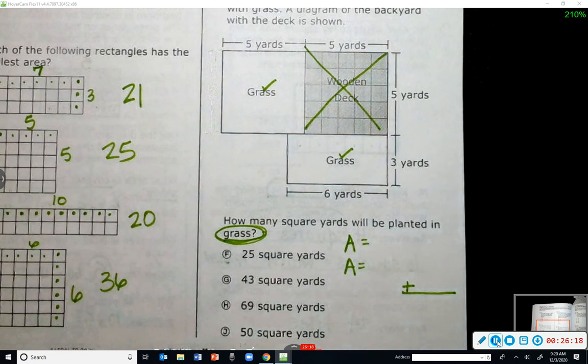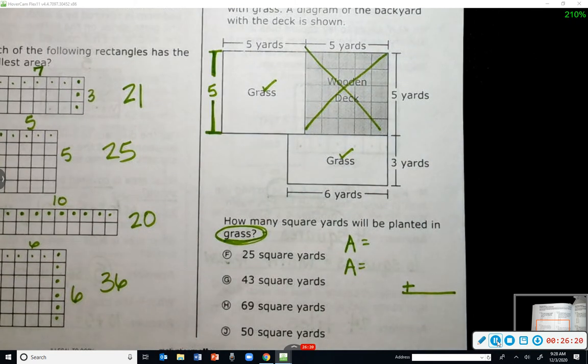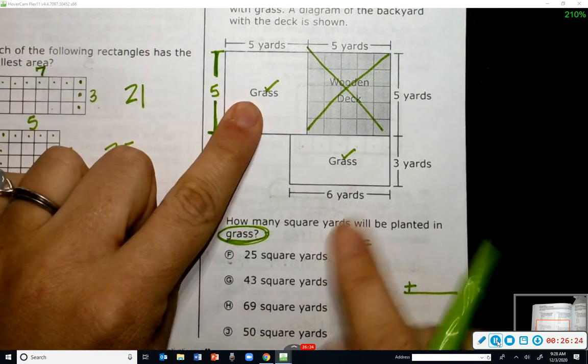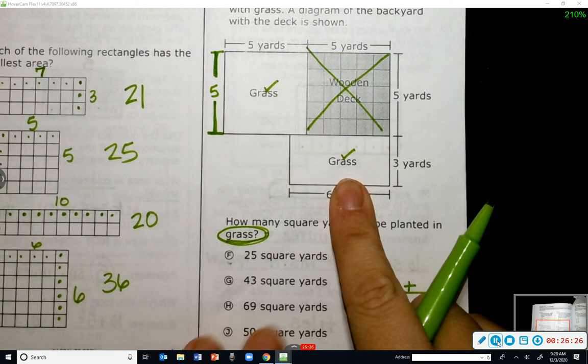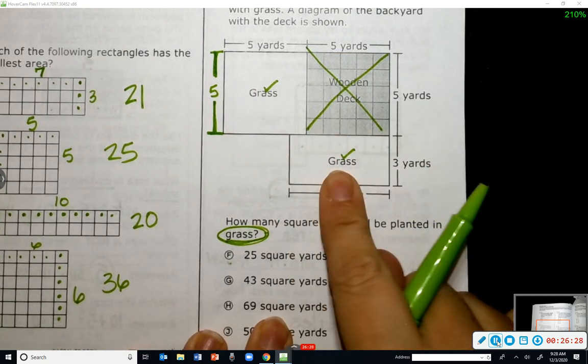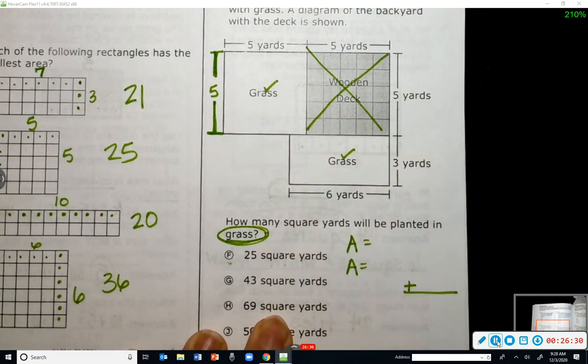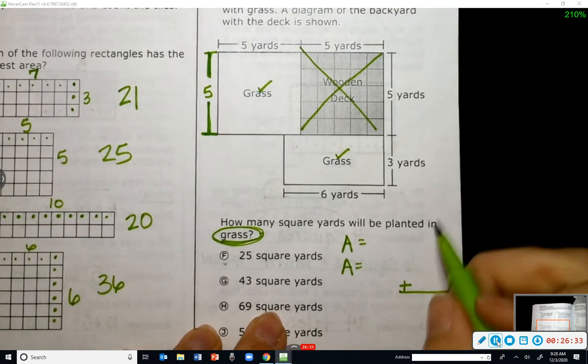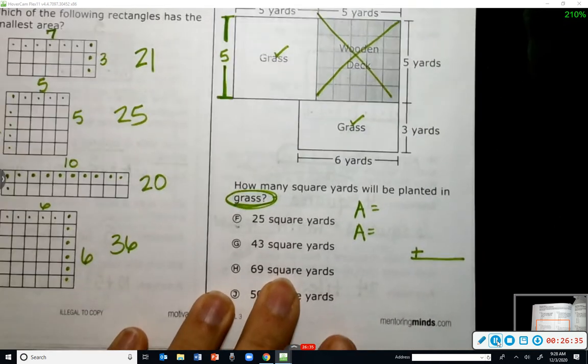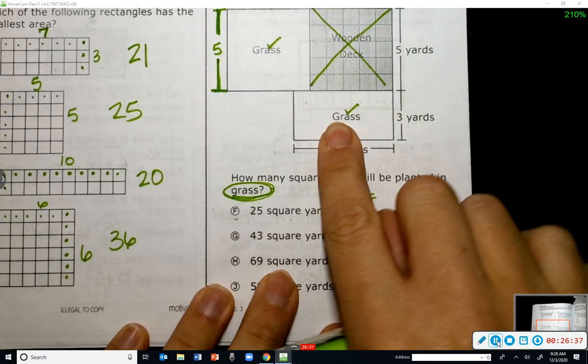Okay, last one that we're checking together. How many square yards will be planted in grass? So we had 2 pieces of grass. So for this area right here, what did you have to do? What did you have to do for this one right here? Javea?